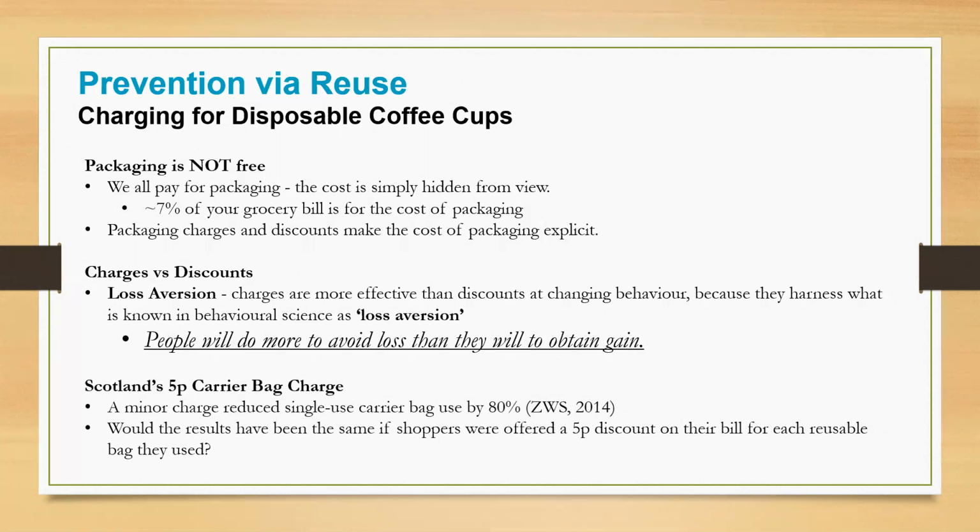Now just think, would the result have been the same if instead shoppers were offered a 5p discount on their grocery bill for each reusable bag they used? Probably not. I don't think anyone would find a 5p discount worth their time. So it's about presentation more than it is about value, and it's been very effective.